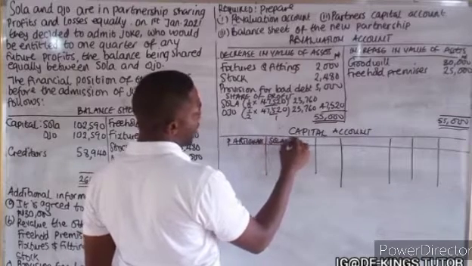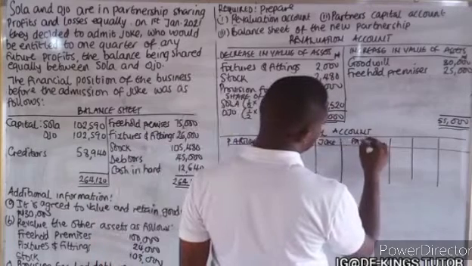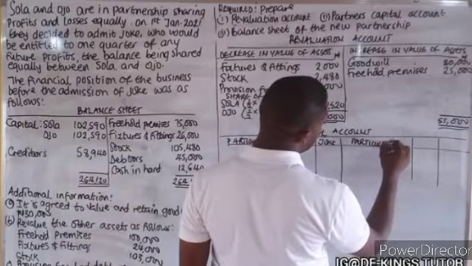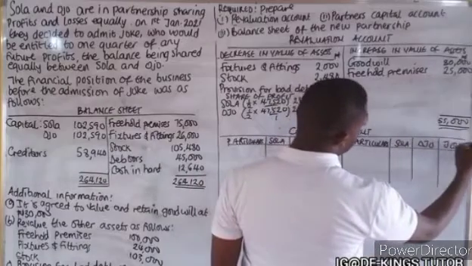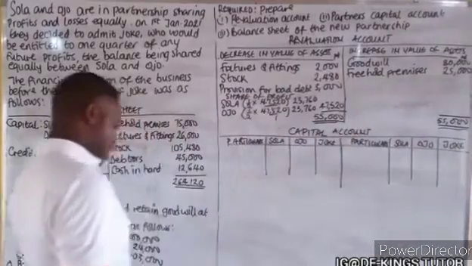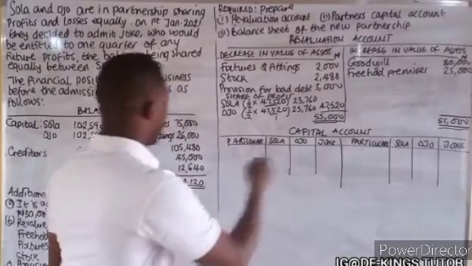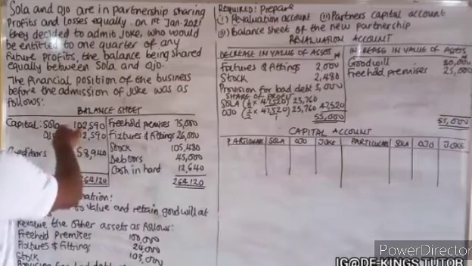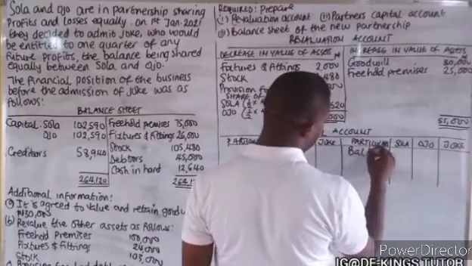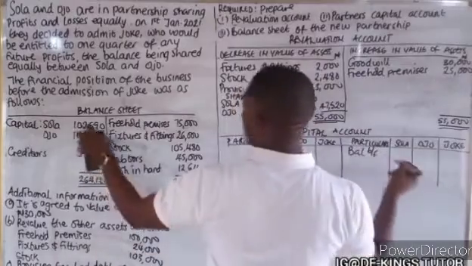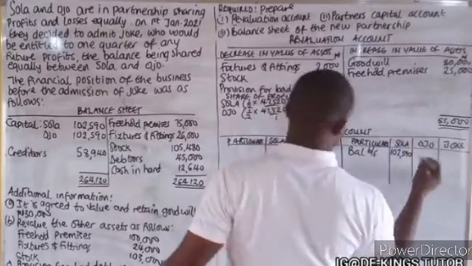This is Solar, Ojo, and Joke. This is particulars. This is Solar, Ojo, and Joke. Now from this now, we are going to post the capital account. The capital they brought Solar and Ojo equally. So this will be balance brought forward. 102,590.